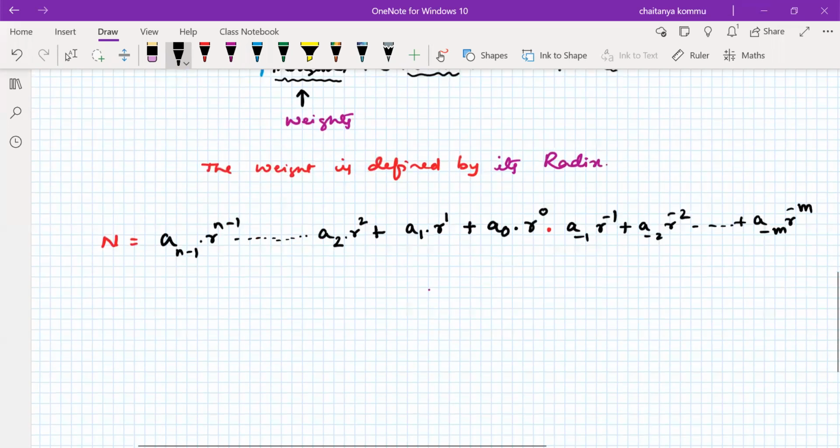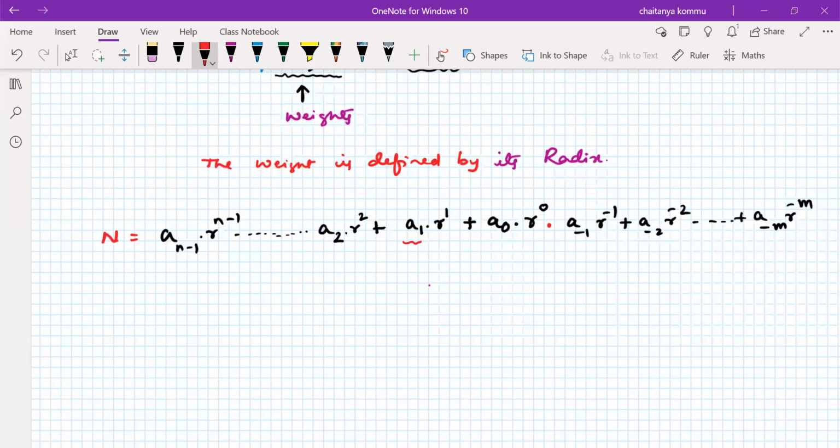So this is called coefficient, and this is called weight. This is called positional weight. The weight of that number is decided by its position.